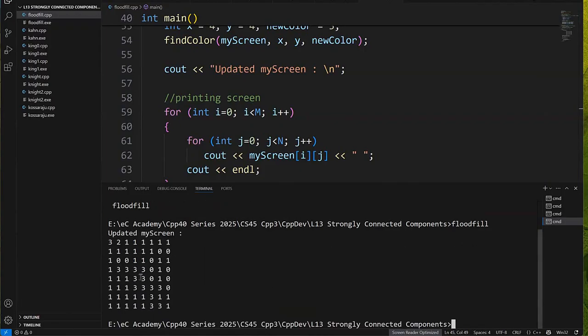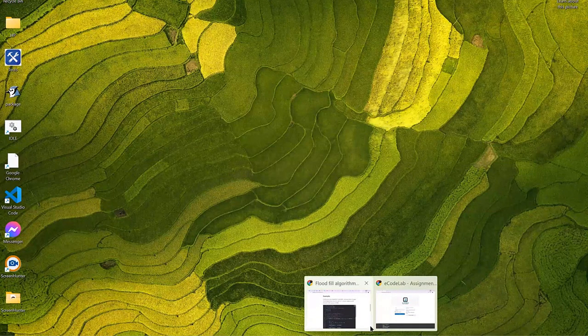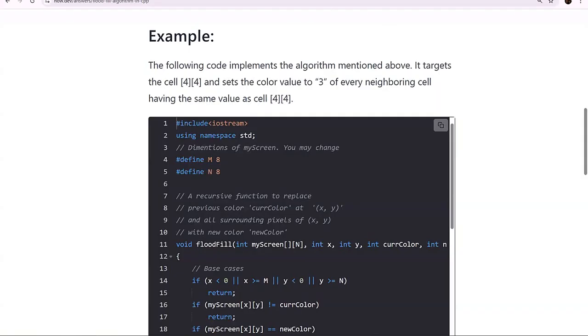Okay, so you have the updated color, like that. Anyway, that's a simple algorithm. Let's look at the USACO side.